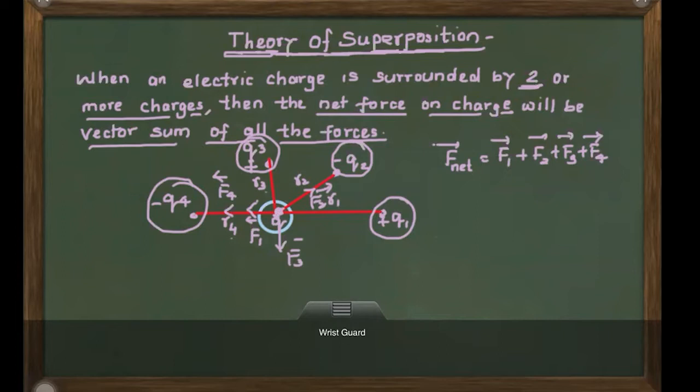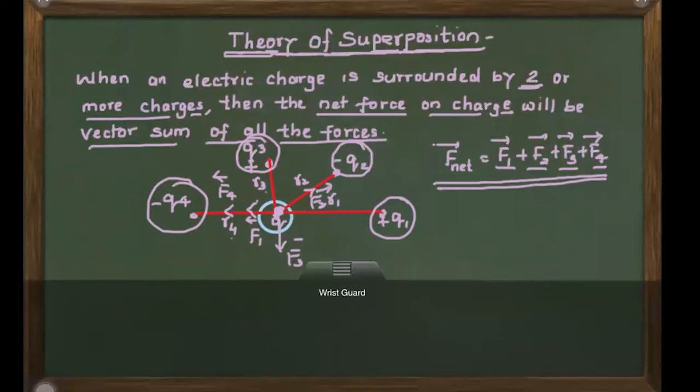So this charge Q will feel the force F1, F2, F3, and F4. So the net force on the charge will be equal to the vector sum of all the forces experienced by it.